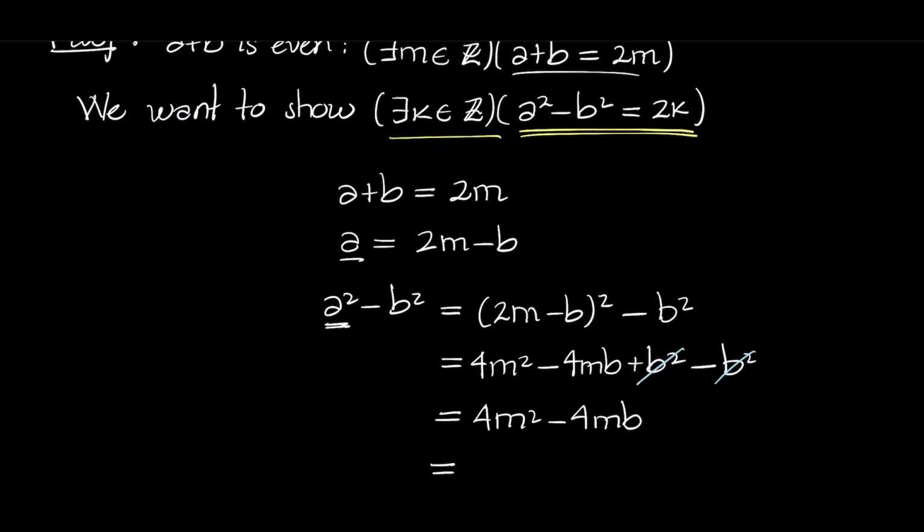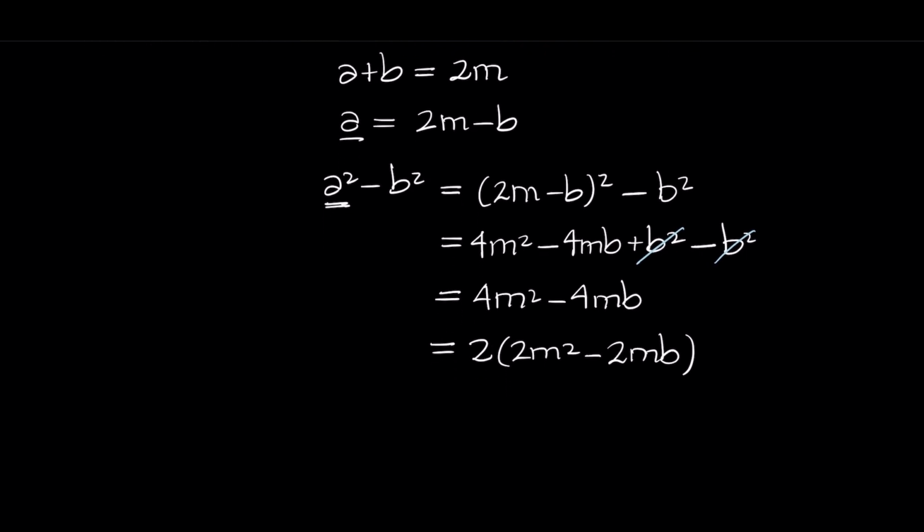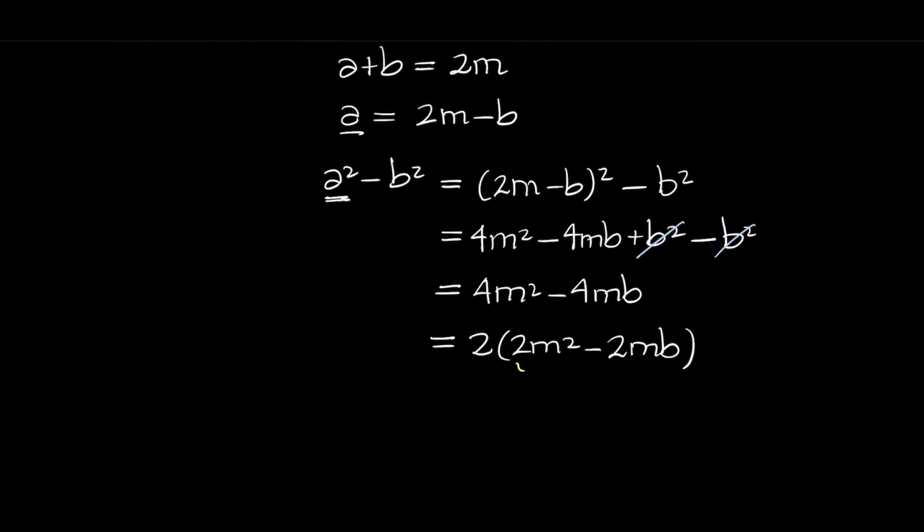Now I can factor out a 2, and inside we will have 2m squared minus 2mb. Okay? And now I can say that this part here, I'm going to call it k, and I'm going to claim that k is an integer.